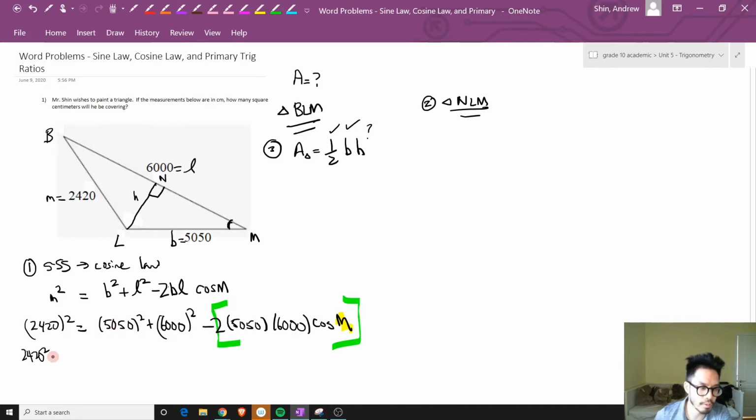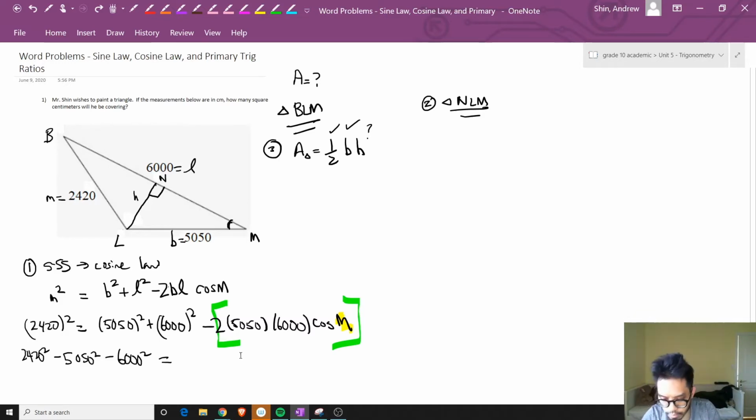It's a huge number, so I'm just going to subtract it. Move this to the other side, 5050 squared, whatever that number is. Move this to the other side, minus 6,000 squared. And this is equal to all of that, negative 2 times 5050 times 6,000 in my calculator.